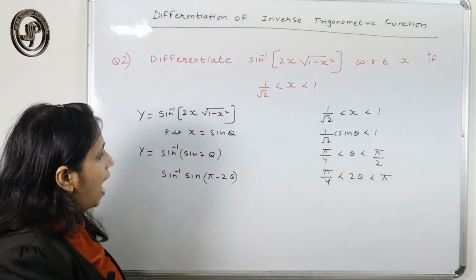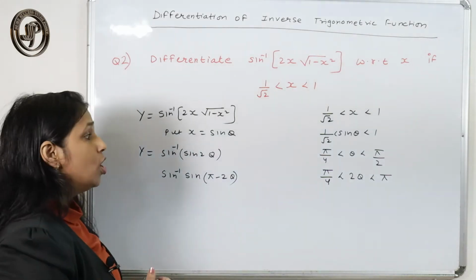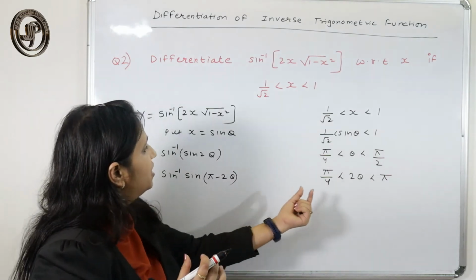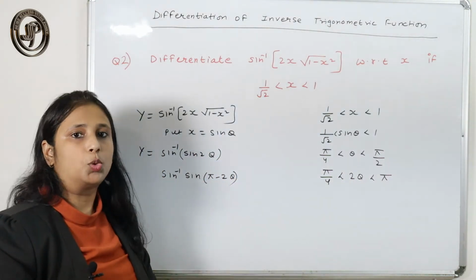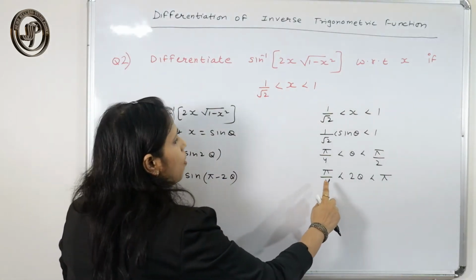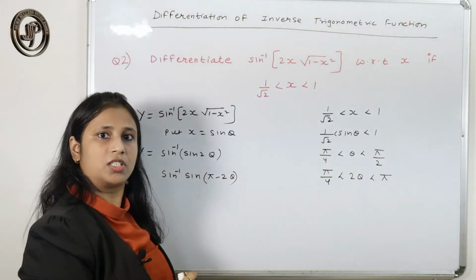For that I have to convert the range of 2 theta to pi minus 2 theta. Here I am telling you the trick, how you can convert 2 theta to pi minus 2 theta. It is a very simple trick. You just have to apply pi minus to all the terms.